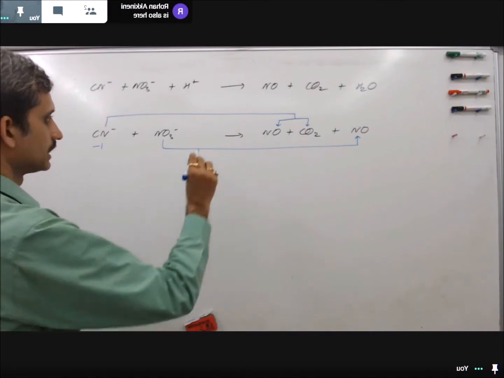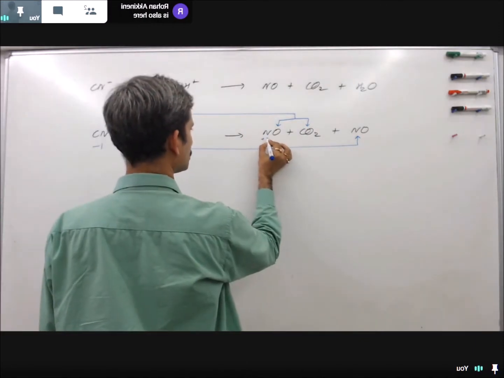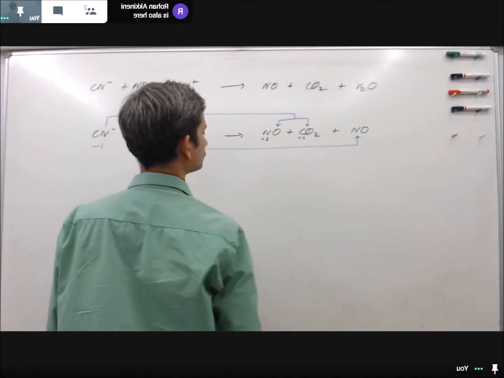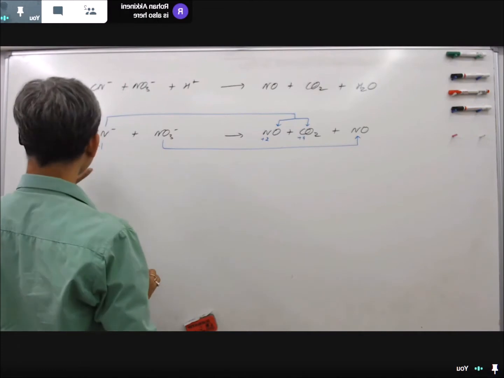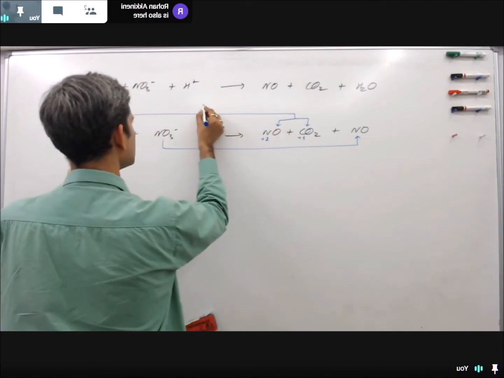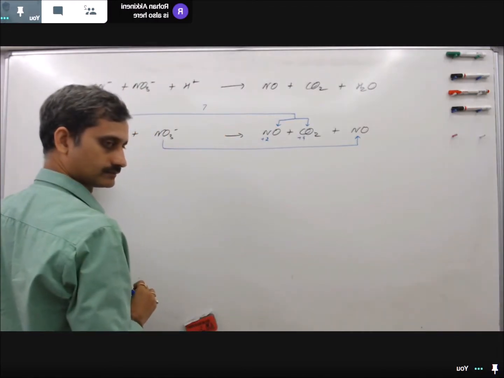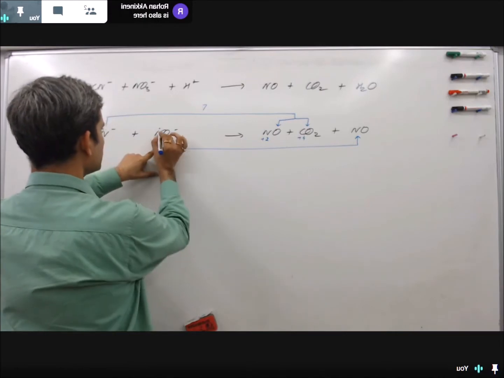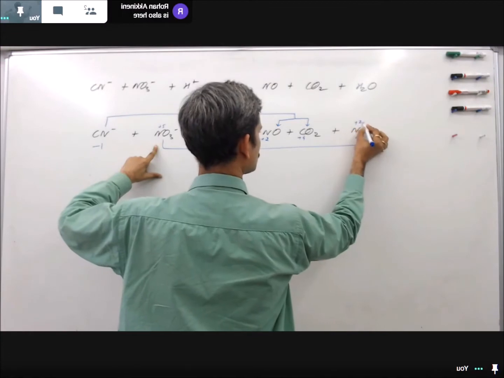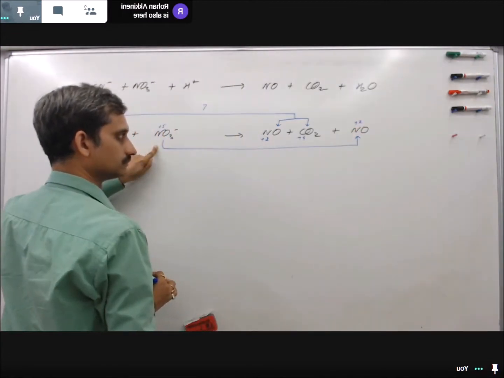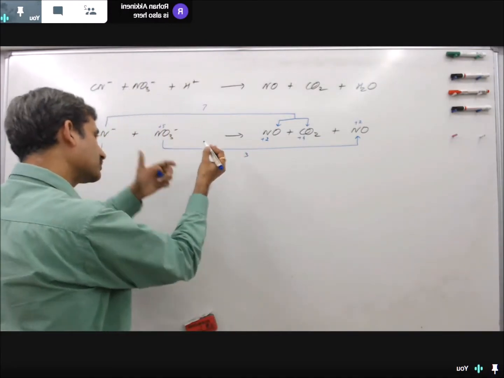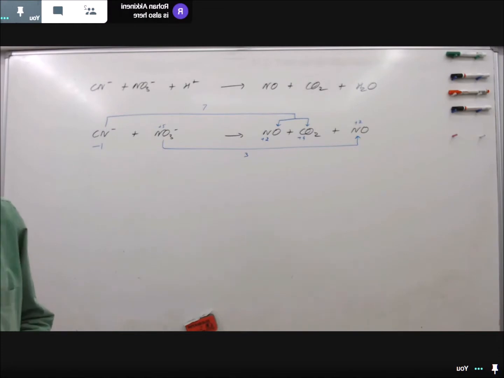And here NO is plus 2 while C is plus 4. So from minus 1 we go to plus 6. The change is 7. From NO3 minus this is plus 5 and this is plus 2. The change would be minus 3. Now can you start balancing it? Yes, sir. Do it.